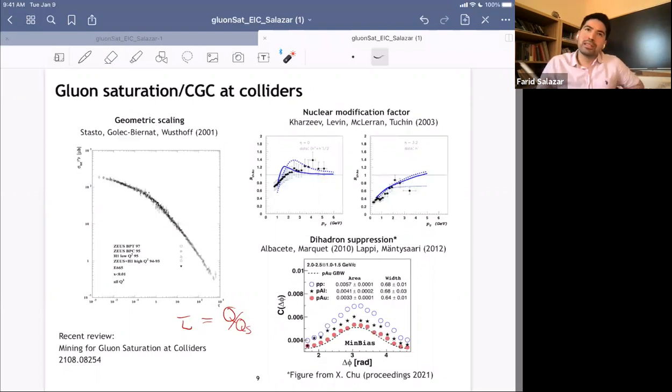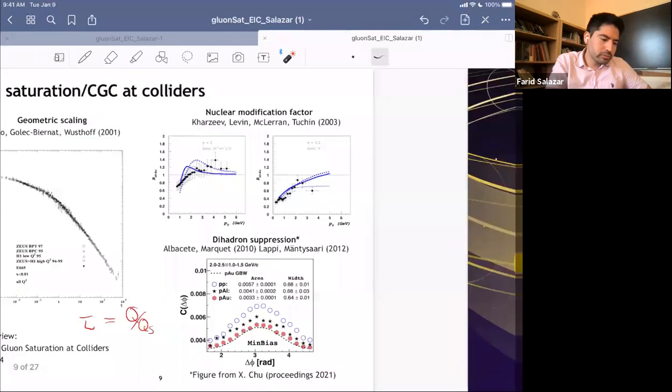So this is what we try to do in the CGC: obtain observables which are hopefully clear signals of saturation and which can be distinguished from competing mechanisms. But a very important requirement for this is to have precise results, to do higher loop computations. As I said, the CGC is beginning to go in this direction of high precision computations.